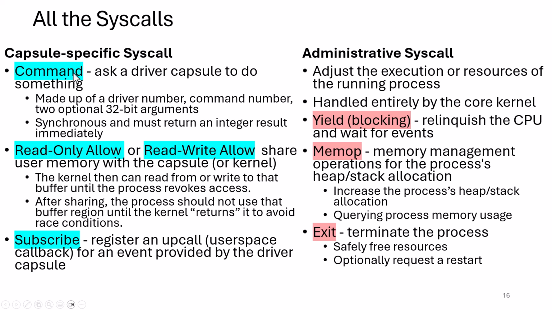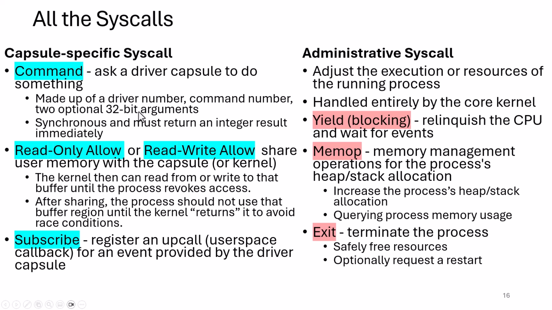There's what we saw was the command, where the user process asks the driver capsule to do something, play the audio. When it goes to ask the capsule to do something, it identifies which capsule through a driver number and what command, like play audio, stop audio, with a command number.